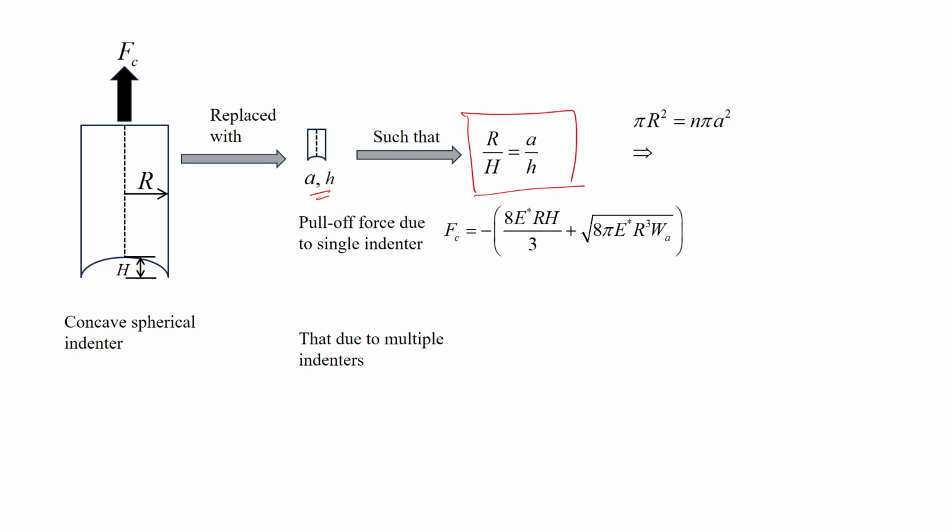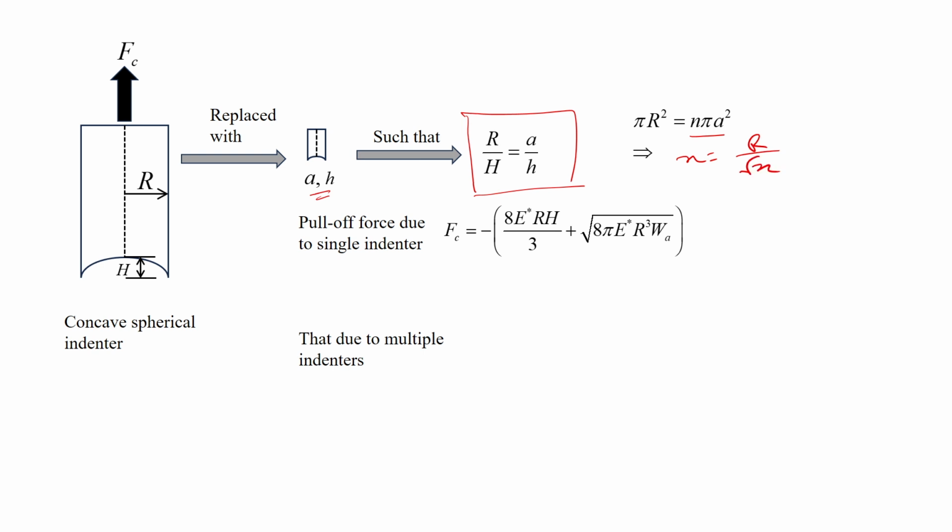Keeping that ratio constant and the total area also constant, we replace one concave spherical indenter by n such indenters, so that pi R square is n pi A square, and so A will be equal to R over square root of n.